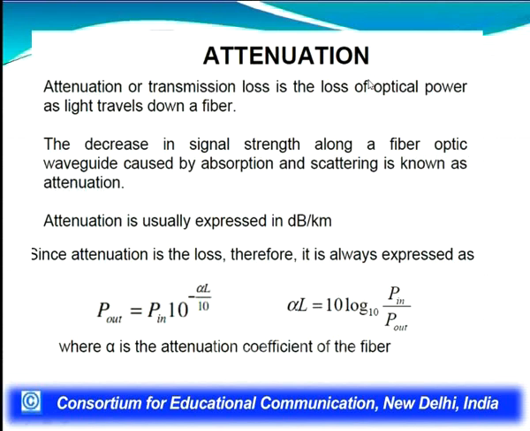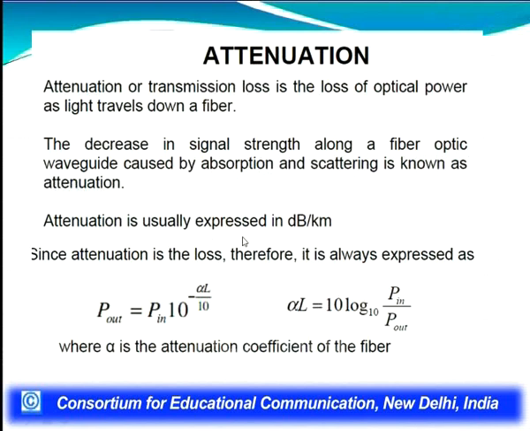It means when we are having the loss of the optical power, then we have the attenuation. It means a decrease in the signal strength along a fiber optic waveguide caused by absorption and scattering is known as the attenuation. It means the signal loss because of the absorption or the scattering of the light.